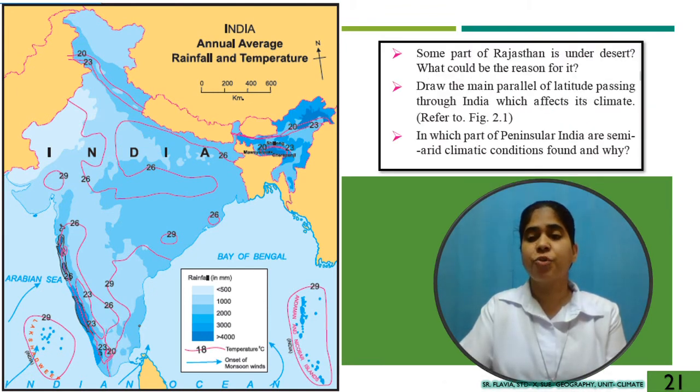The last 3 questions. Some part of Rajasthan is under desert. What could be the reason for it? Look over here. In Rajasthan, there are Aravalli mountains. They are starting from the northeast and going towards the southwest direction.